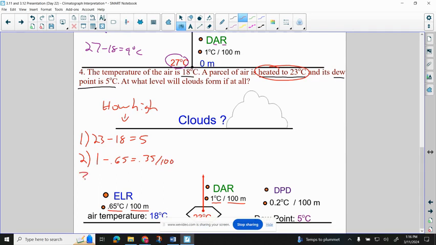And then step three is I'm going to take the answer from step 1, 5 degrees, and divide it by the difference in the rates, which was 0.35, and then multiply that times 100. 5 divided by 0.35, I'm going to get 1,429 meters.